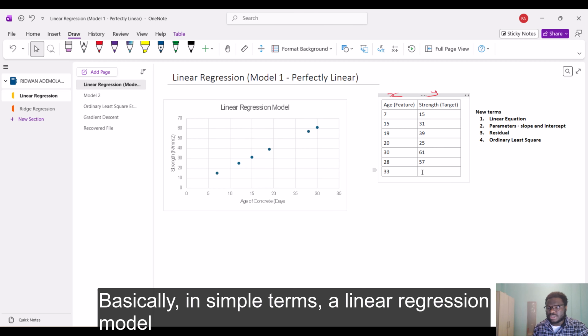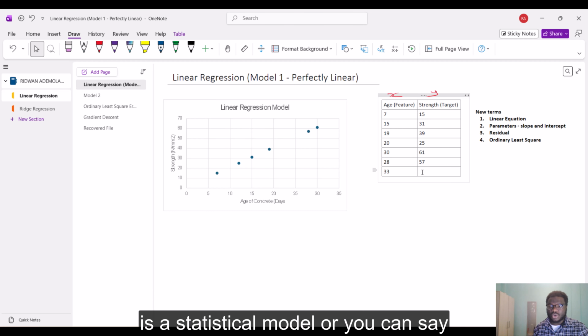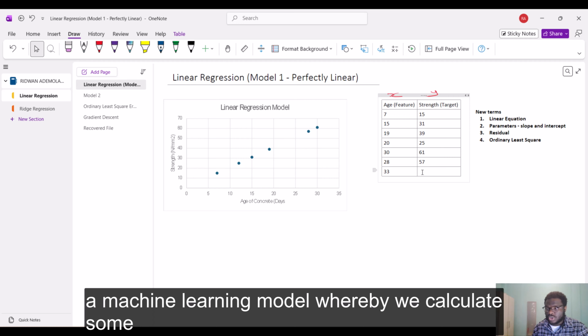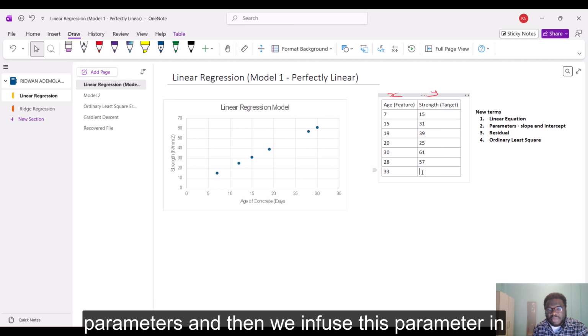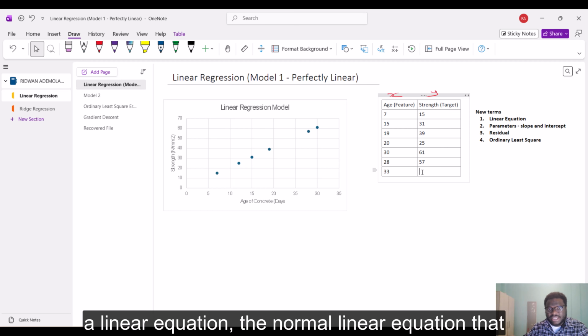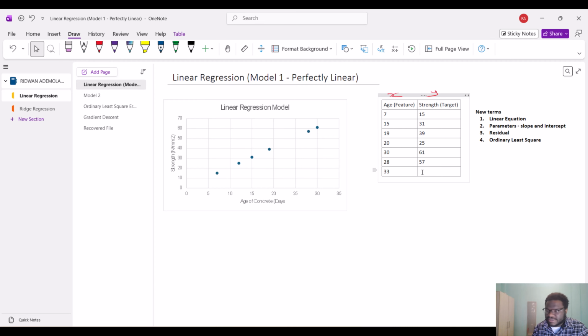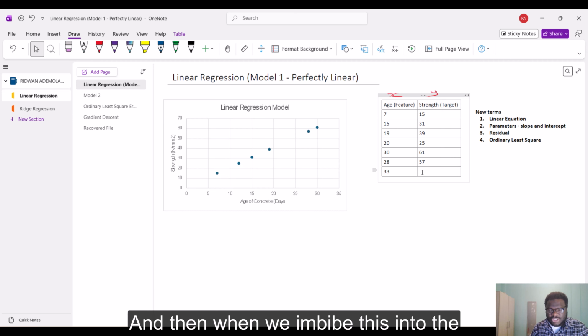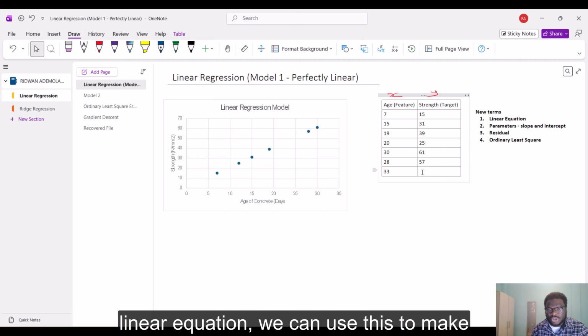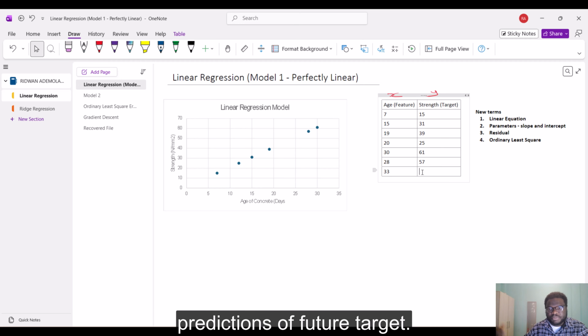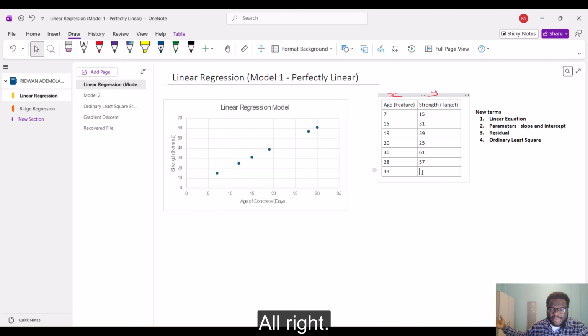A linear regression model is a statistical model, or you can say a machine learning model, whereby we calculate some parameters and then we infuse these parameters in a linear equation, the normal linear equation that you know from elementary mathematics or statistics. And then we can use this to make predictions of future targets.